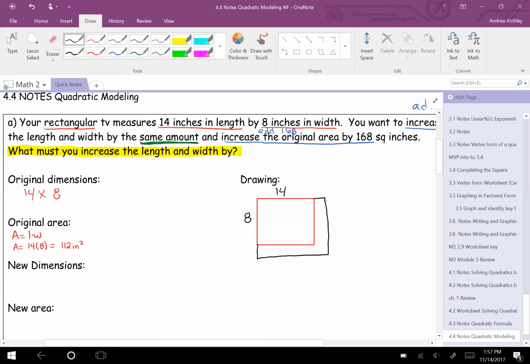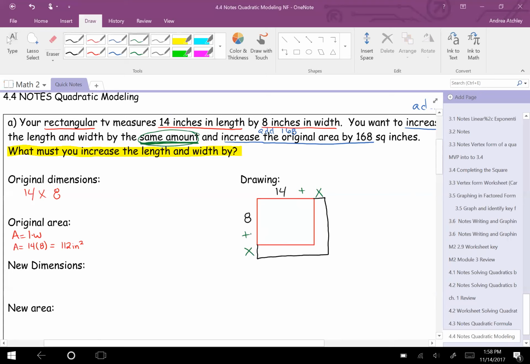I don't know how much I'm adding to both, but I do know it's the same amount. So if it's the same, they both need to be my X. I'm adding that same amount to both sides, and that's my unknown, my X. And it was increasing, so I'm adding here and adding here.